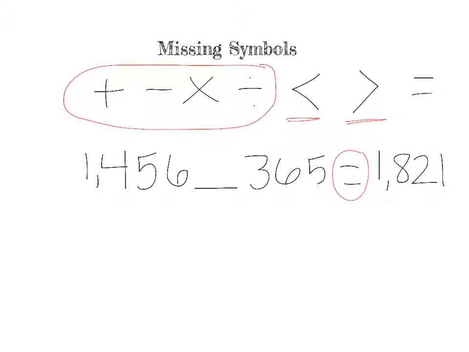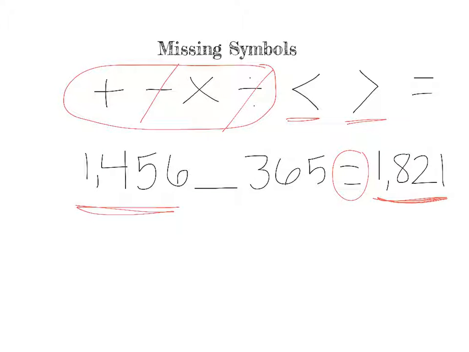Now I can see that this number over here, 1,821, is bigger than the first number in my equation, 1,456. That means that I'm not going to use a subtraction sign, because that would equal a smaller number, and I'm not going to use a division sign, because that would also equal a smaller number.